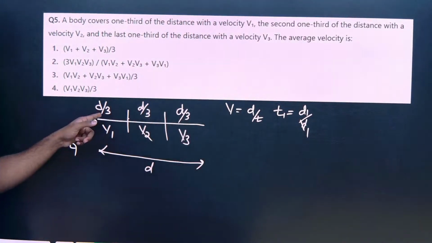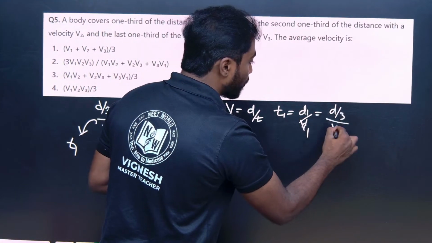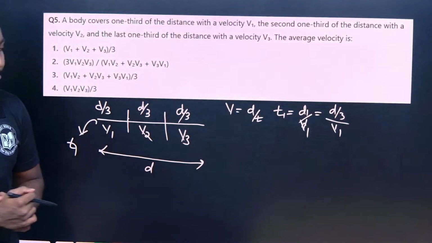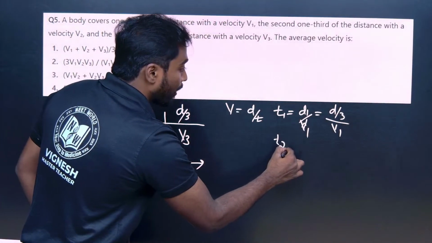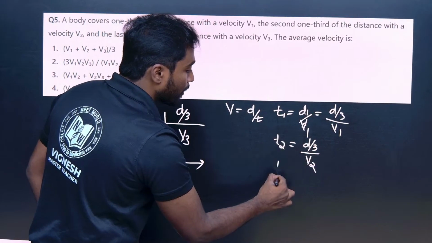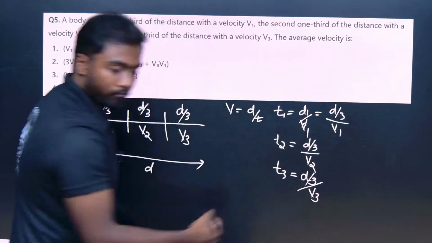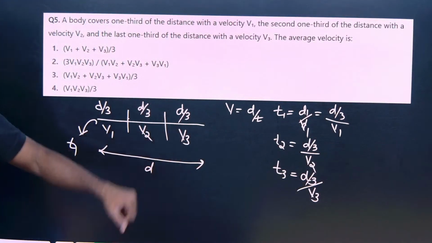What is d1? d by 3. Can I write like this? d by 3 by v1. Again t2 can be written as d by 3 by v2. t3 can be written as d by 3 by v3. Any doubt here? Fine.